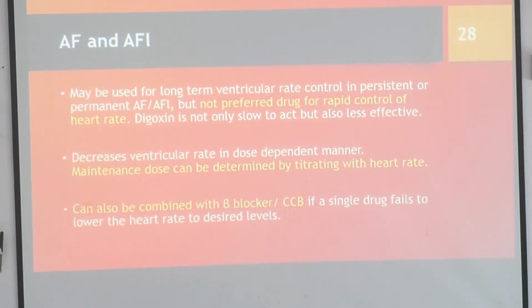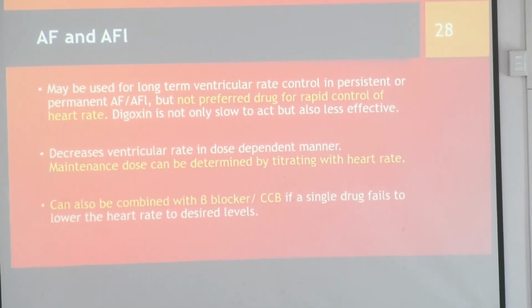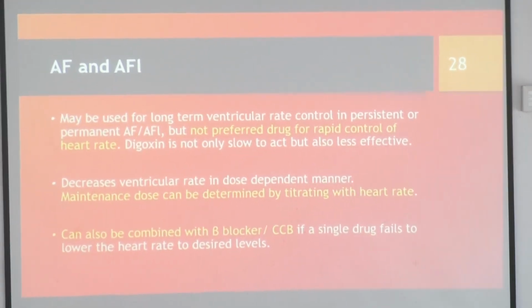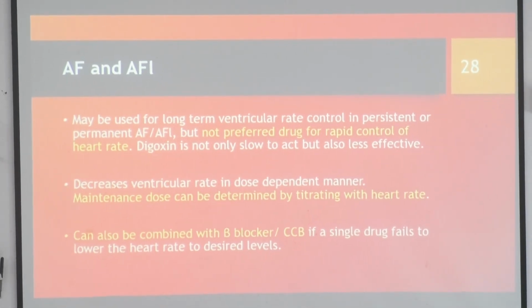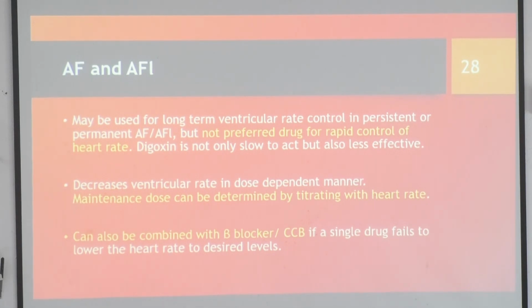They may be used for long-term ventricular rate control in persistent or permanent atrial flutter or fibrillation patient, but not preferred drug for rapid control of heart rate, because they act very slowly. Digoxin is not only slow but also less effective.